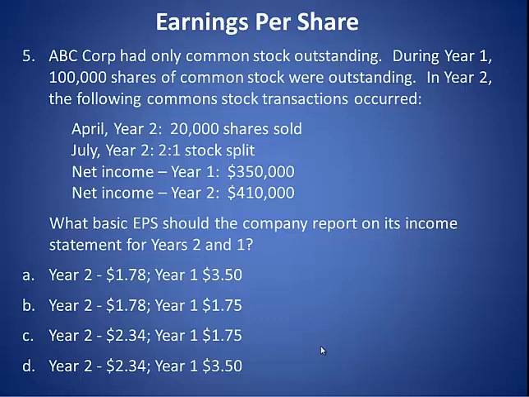And then it asks what basic EPS the company should report on its income statement for years 2 and 1. So again, basic EPS. Go ahead, read the information, or stop the video and do your calculations. When you're ready for the answers, restart the video.